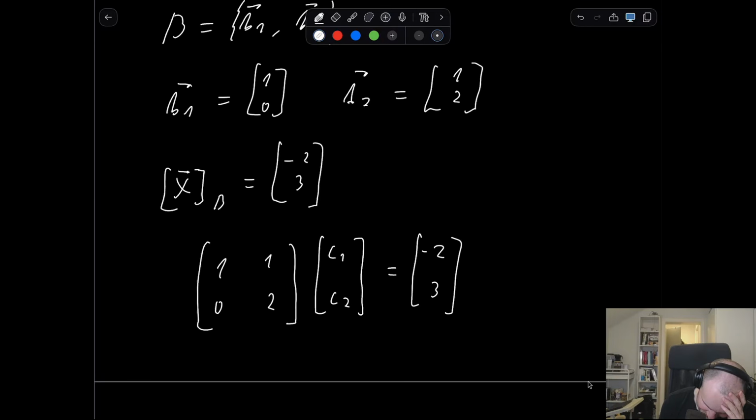Let's see. I have -2 and 3. If I put -2 in front of b1 and 3 in front of b2, I will get the answer.